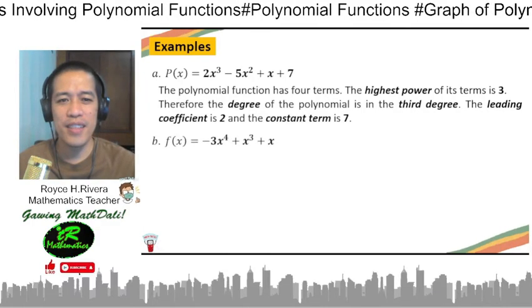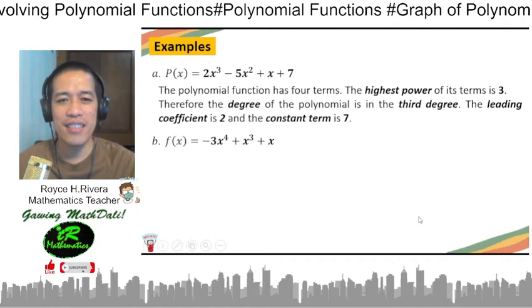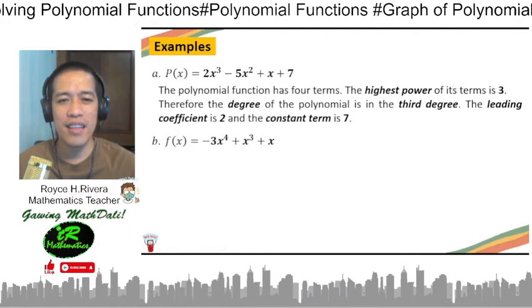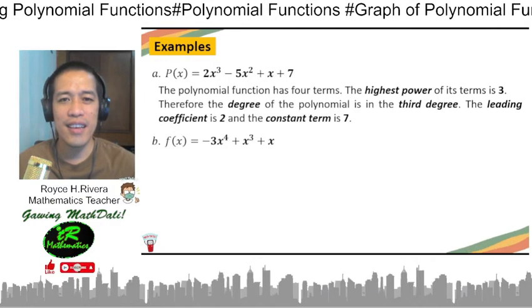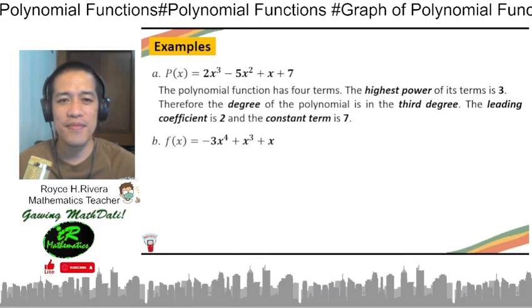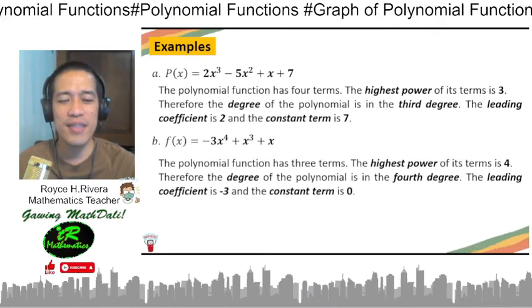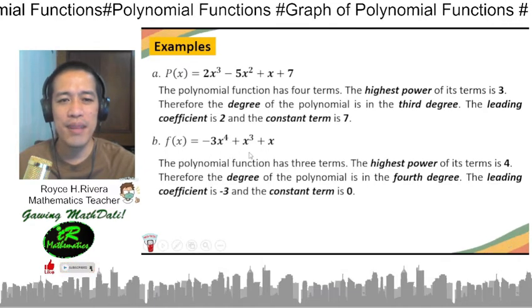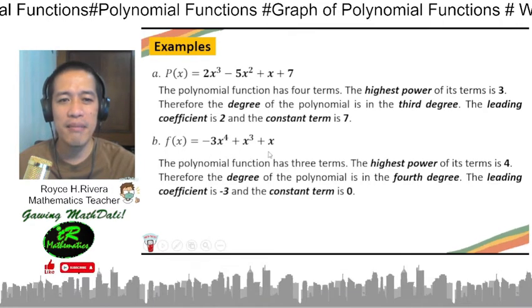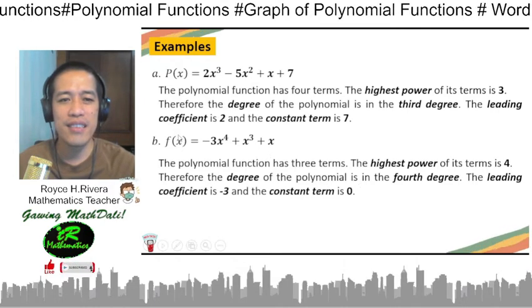Second example, polynomial function f of x equals negative 3x raised to 4 plus x raised to 3 plus x. The polynomial function has 3 terms, namely negative 3x raised to 4, x raised to 3, and x. The highest power of its term is 4.